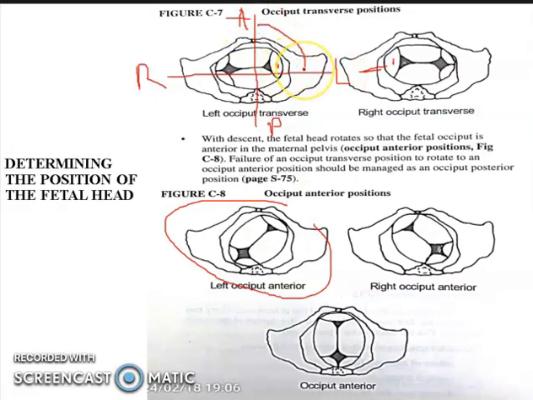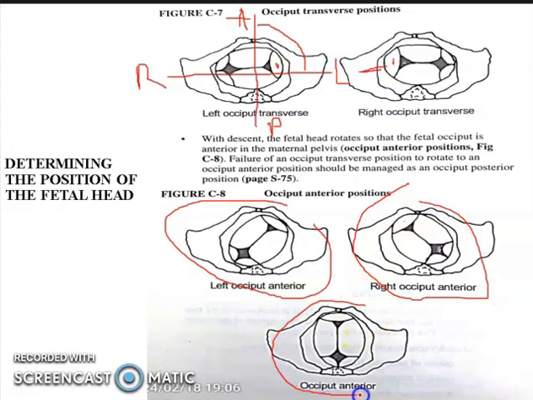That's where the left occiput anterior position is, meaning the occiput of the fetal head is on the anterior side, on the left side of the pelvis of the woman. Then here the occiput of the head is on the right side, on the anterior part of the woman. Okay, that one here.